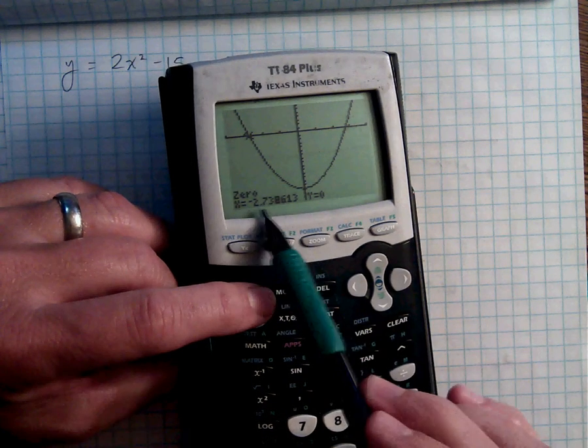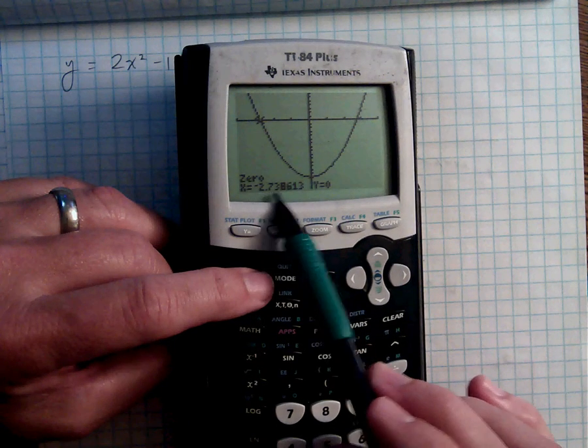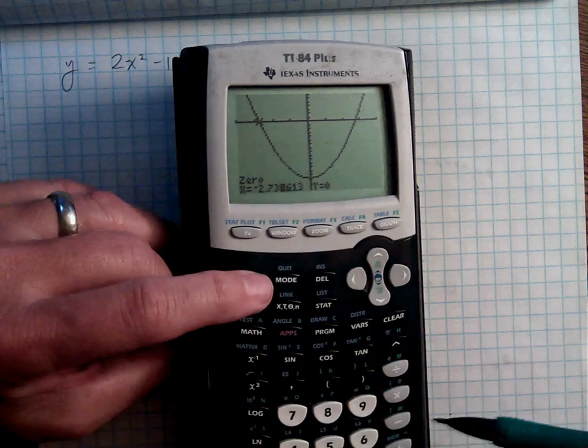So as you can see, the intercept is about what? Negative 2.74.